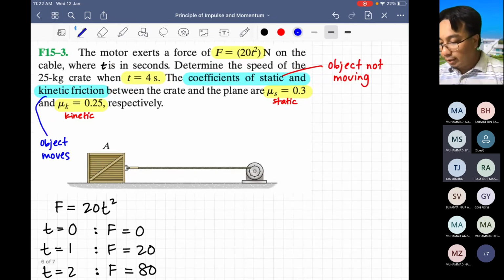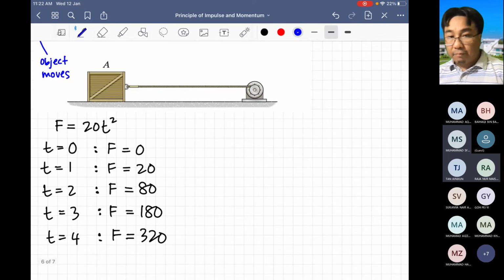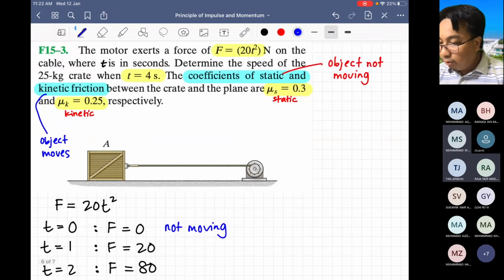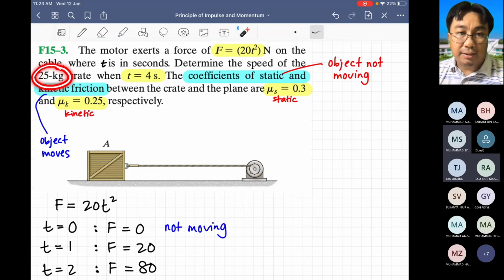So kenapa ada bagi dua ni? Because force ini vary mengikut masa. Dia pada asalnya when time equals to 0, this is not moving. So masih lagi static. F equals to 20, probably because you look at the berat of the crate, it's 25 kg.